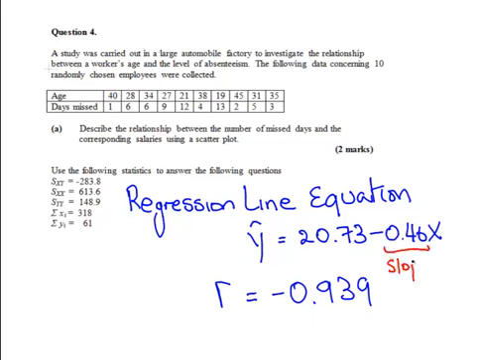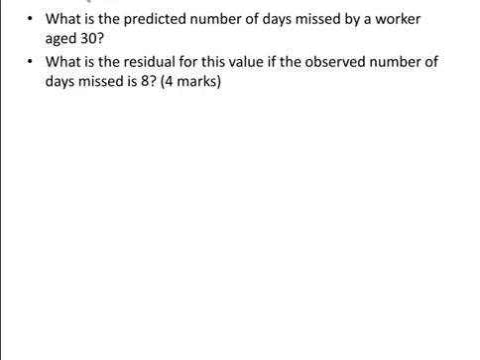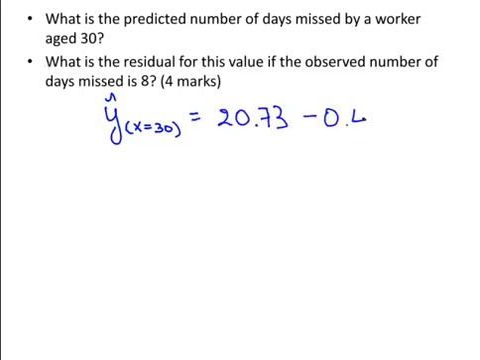What is the predicted number of days missed by a worker aged 30? Suppose there's a worker aged 30, how many days does the model expect him to miss? So y hat when x is equal to 30 is equal to 20.73 minus 0.46x.